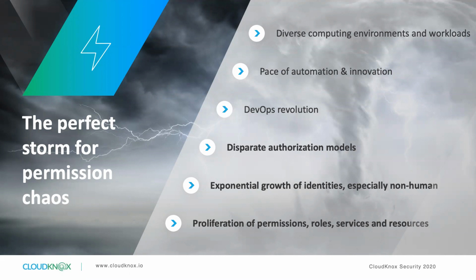So as we start to take a look at disparate authorization models, exponential growth of identities, in particular non-human, we'll talk about some of those stats, and then also the proliferation of permissions, roles, services, resources, and policies, again, this can be quite a big thing to have to manage.